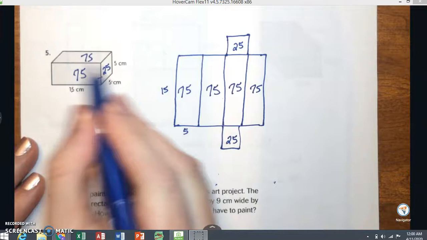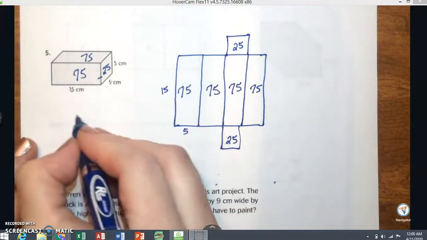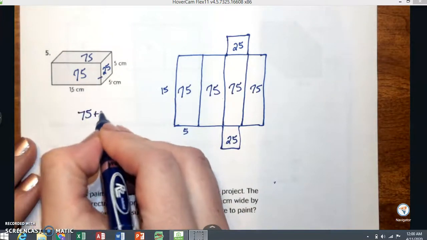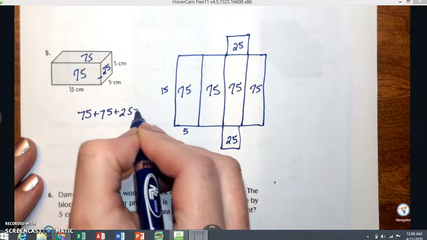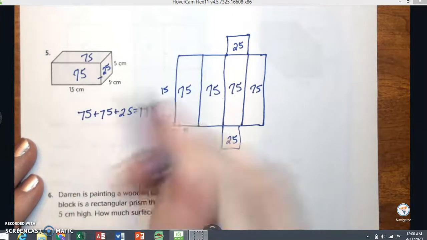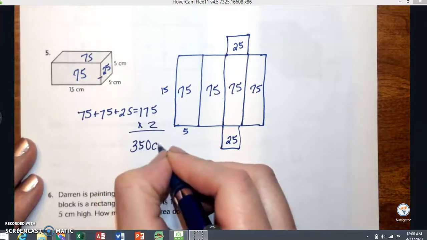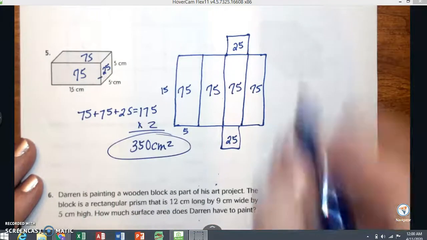Alright, so I'm going to take these 3, add them together, and then double it. So when I add these together, 75 plus 75 plus 25, I get 175, and when I double that, I get 350 centimeters squared as my answer.